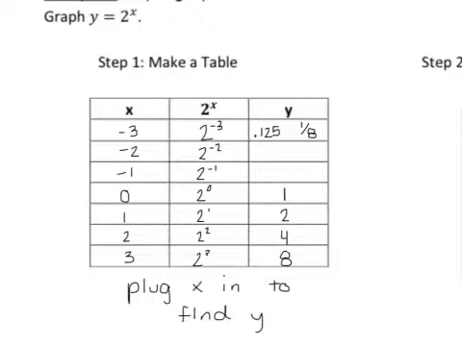Okay, so we just have 2 more to figure out. You can use a calculator or you can do it in your head. Negative exponents just mean that it gets pushed down to the bottom, right? So here, that's the same thing as 1 over 2 squared, so that'd be 1 over 4. The next one would be 1 over 2. So if you want those in fraction form, you can.